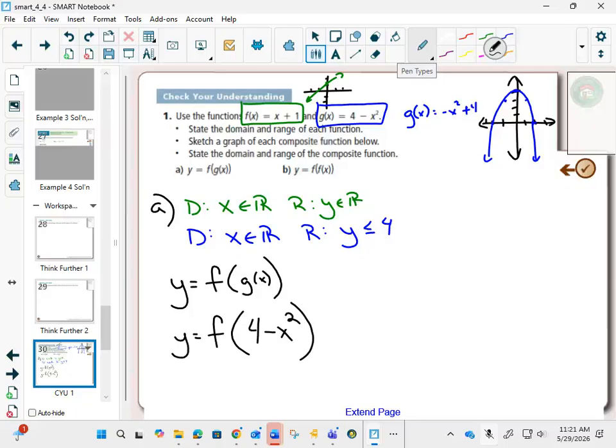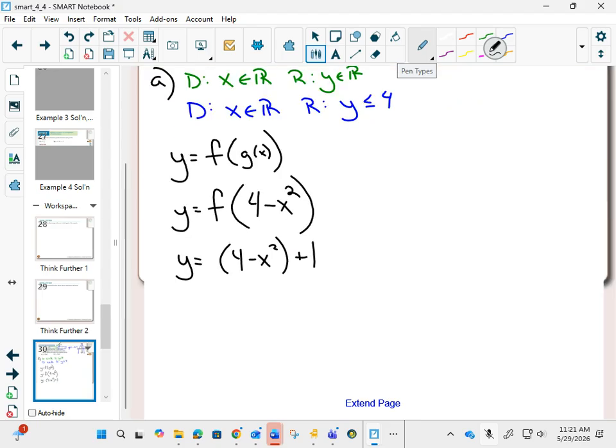Plug in a 6, you get 7. You just add 1. So if you plug in 4 minus x squared, you will get 4 minus x squared, and then you will add 1. Which, if we simplify this, is negative x squared plus 5.